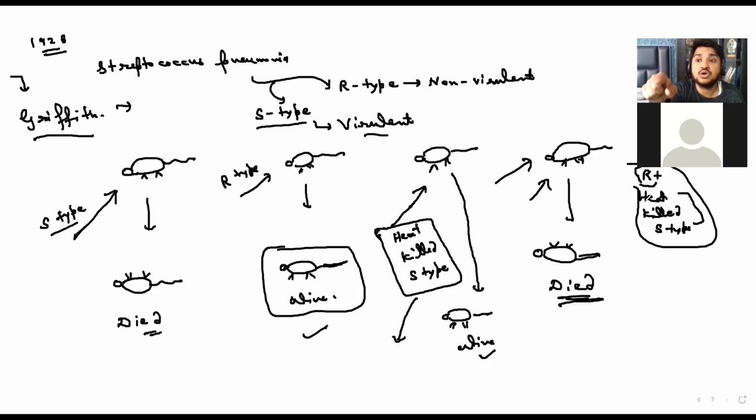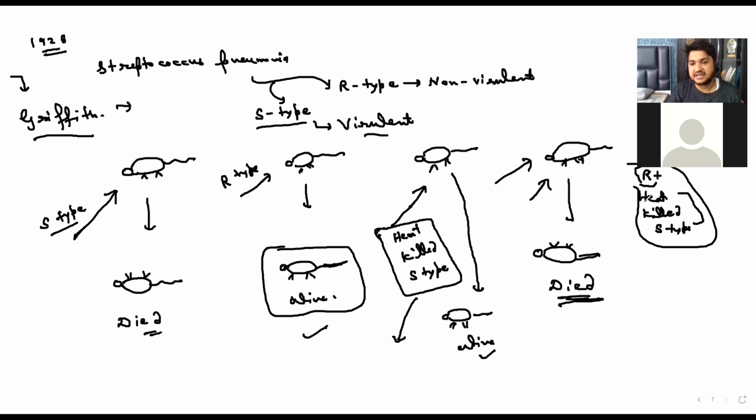So now your old friend will behave weirdly or not? Yeah, she may feel jealous or he may feel jealous, anything can be. Why? Because now you have a new friend. Same thing: the R strain was completely good, non-virulent, but because of the presence of heat killed, that became virulent now.